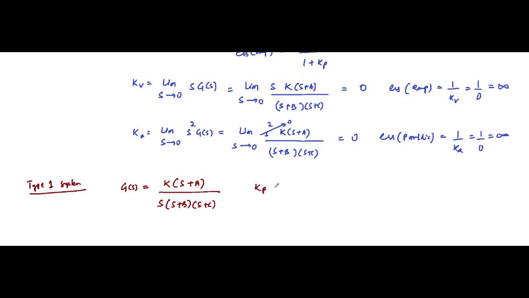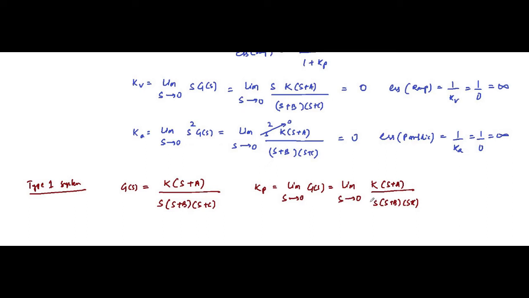So first we'll determine the position error coefficient Kp, which is equal to limit s tends to 0 of G(s), which is equal to limit s tends to 0 of K into (s plus a) by s into (s plus b) into (s plus c). So here please pay attention.